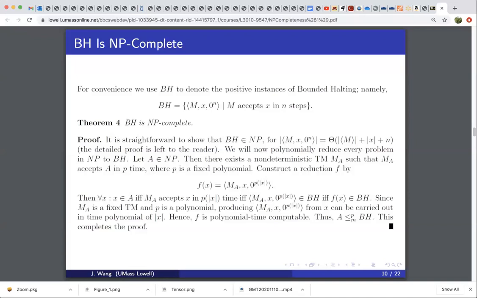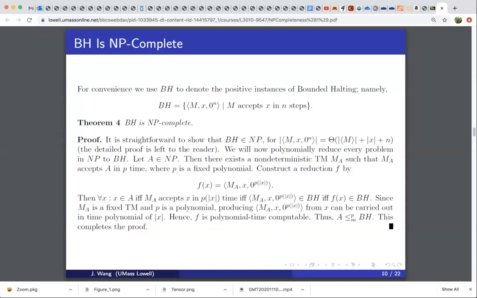So that's it. So this is the easiest NP-completeness proof, but unfortunately, this bounded halting is not natural because it depends on Turing machines. Okay, so the challenge was, how do we come up with natural problems? Because then we're going to start from there to prove other natural problems to be NP-complete.